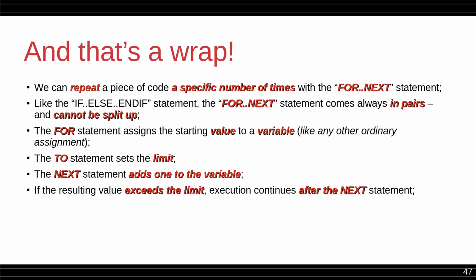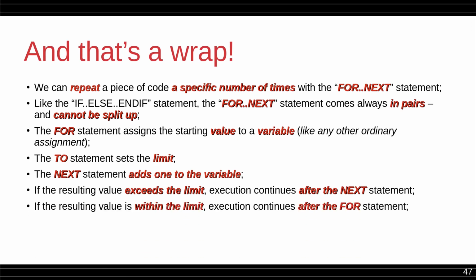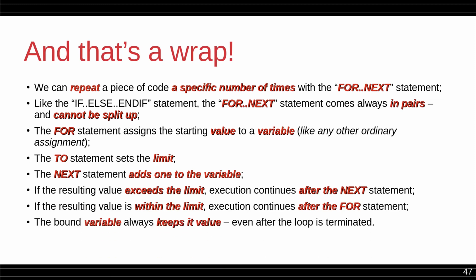If the result is within the limit, it will continue the execution after the previous for statement. And note that the bound variable will keep its value even after the loop has been terminated. So, obviously it will have a value then that exceeds the limit. And that's the end of the line, folks.